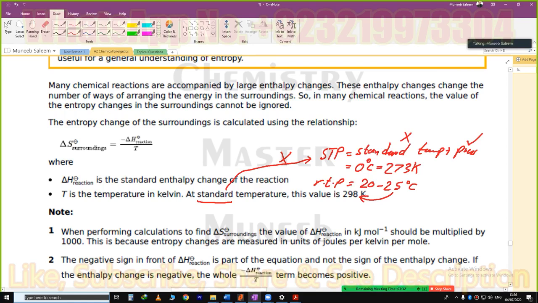Standard here means RTP, because this value is actually the room temperature and pressure. So you have to memorize these values. Whereas the pressure has the same value in STP and at room temperature, which is 1 atm in both conditions.